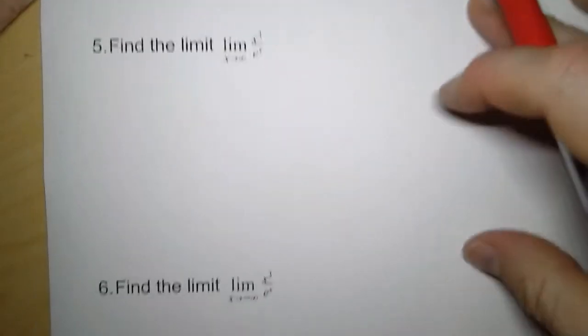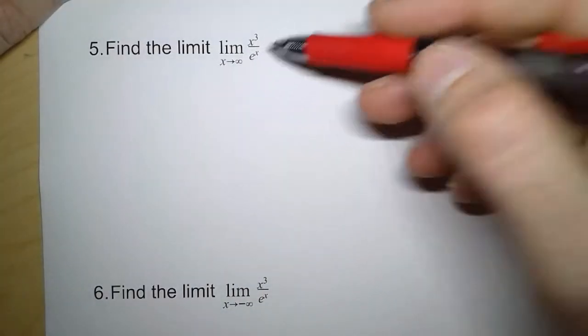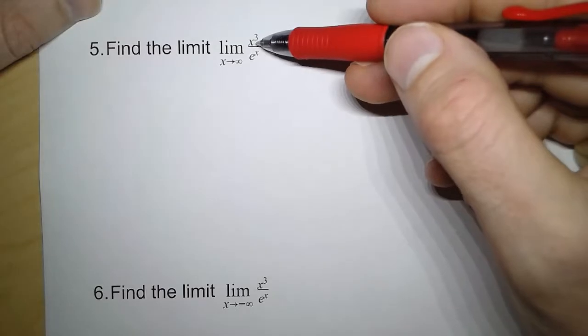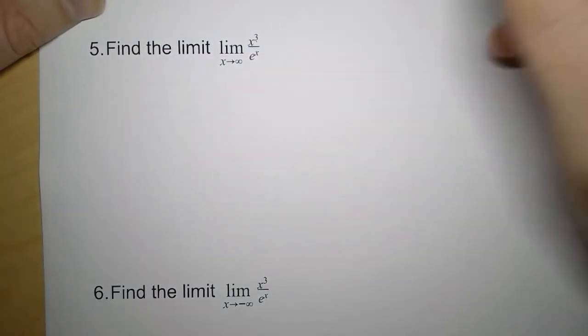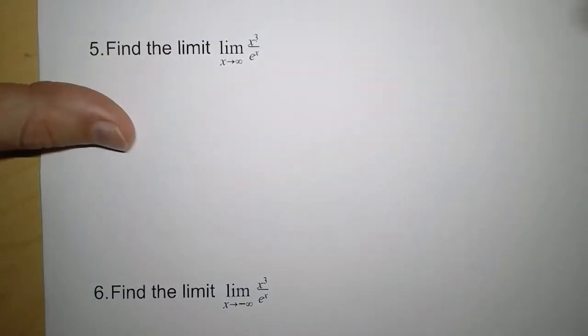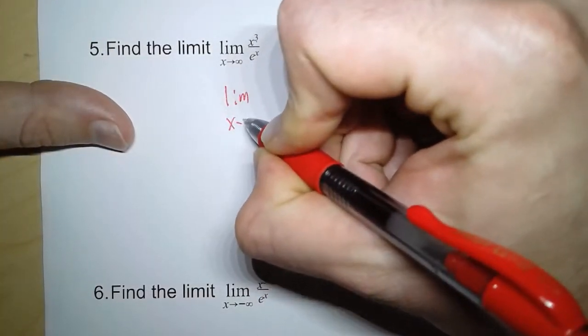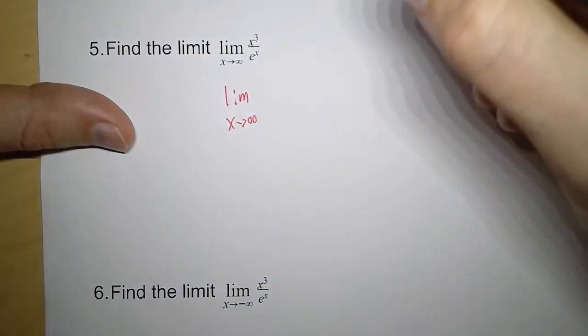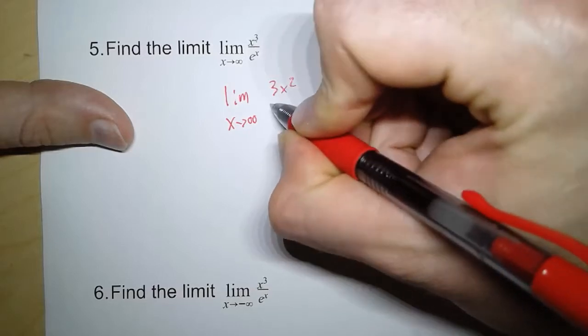So for the next one, here we're going to infinity, and here we have x cubed over e to the x. Now, infinity to the third power versus e to the infinite power, well, that's indeterminate for sure. So let's look at the limit as x approaches infinity of 3x squared over e to the x.